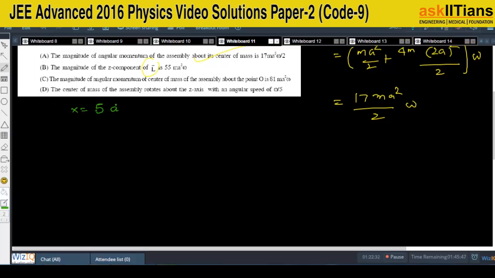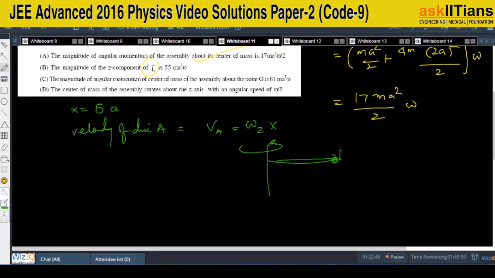Now we are going to take the velocity of disk A. Velocity of disk A, V_A, is equal to omega z into x. If there is a rod like this and it is about to rotate, there is a point P at a distance x, and its tangential velocity Vt is x into omega z.